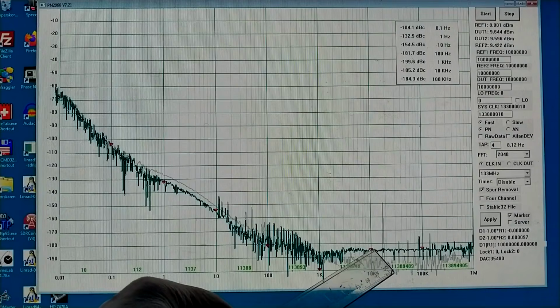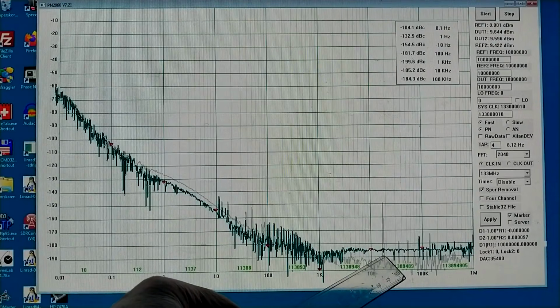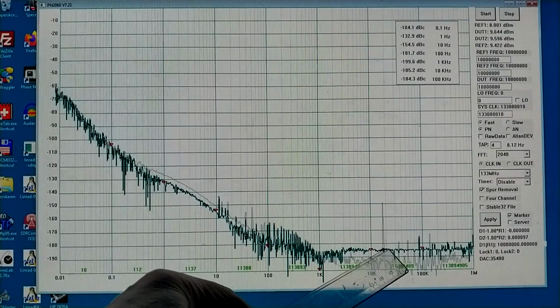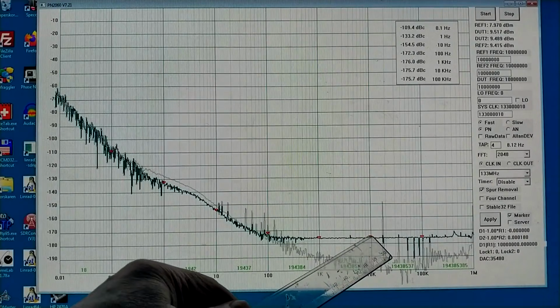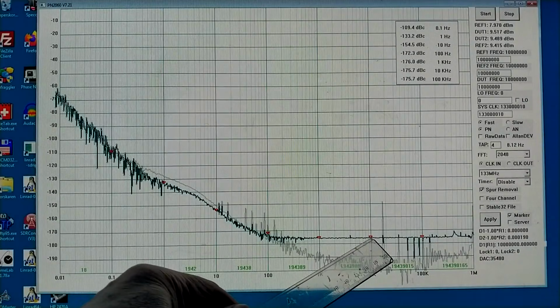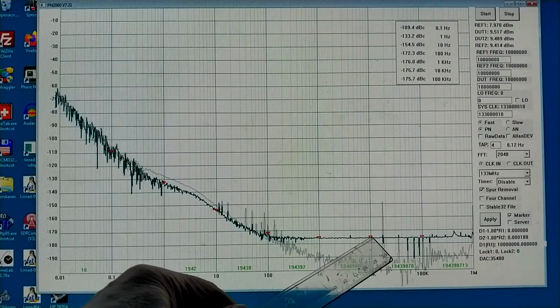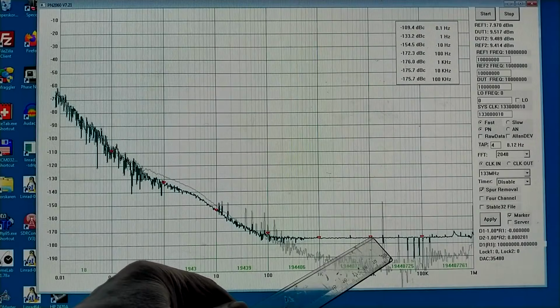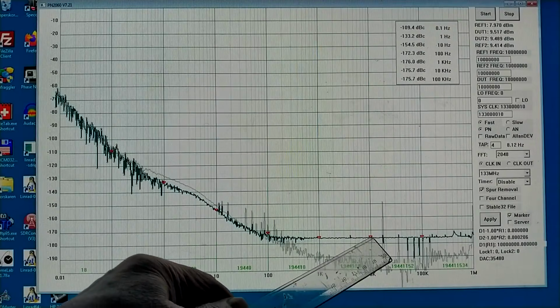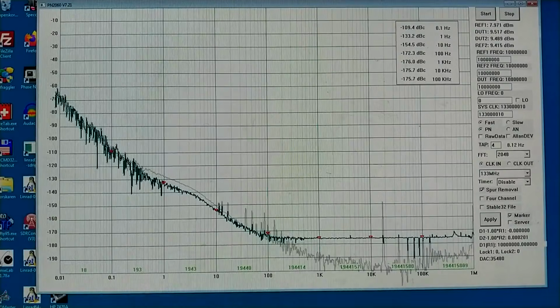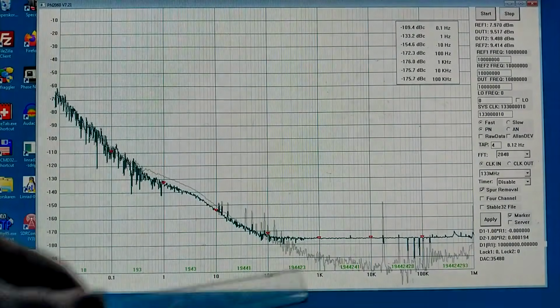So I don't know if this is real or if it is an artifact that it is as low as minus 185. Probably not. But this is probably a more reasonable far range noise, minus 175. That is, it looks like a valid measurement because it's flat like this.